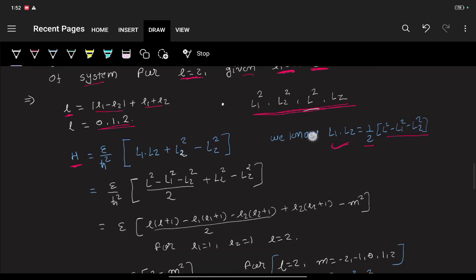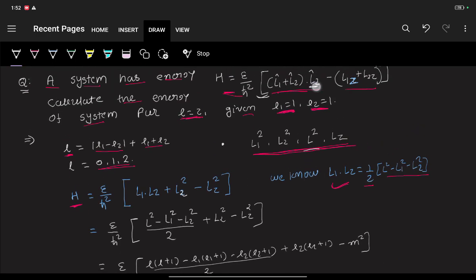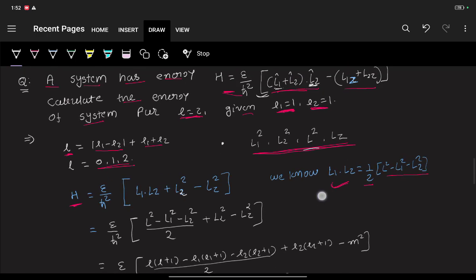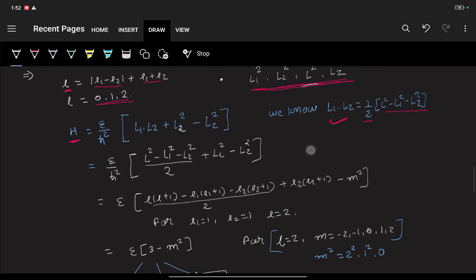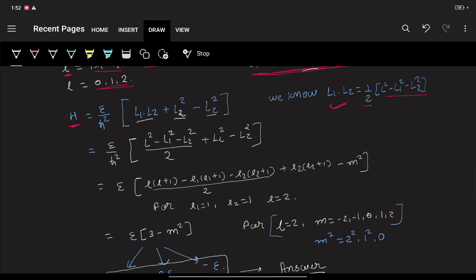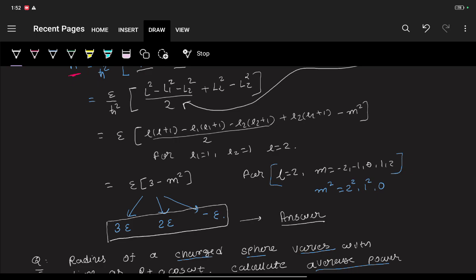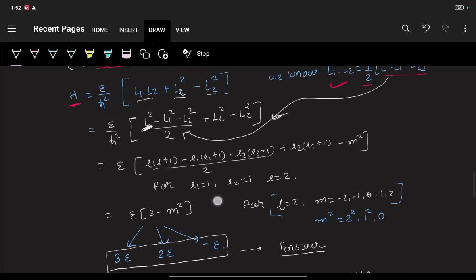First of all, multiply this L2 with this, which I think is Lz, so L1 Lz plus L2 square minus Lz square, which is basically what we are putting over here. So it will give us this expression.